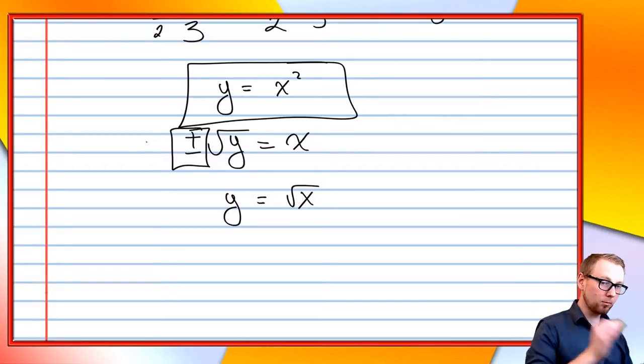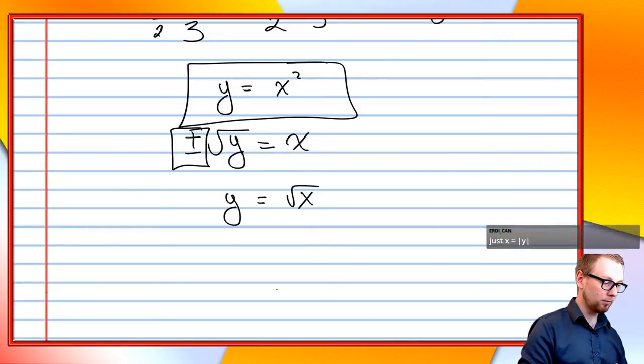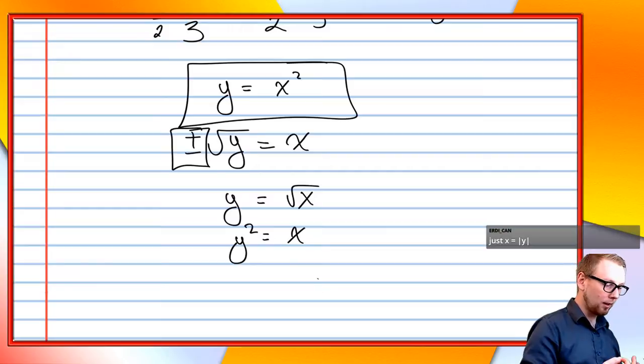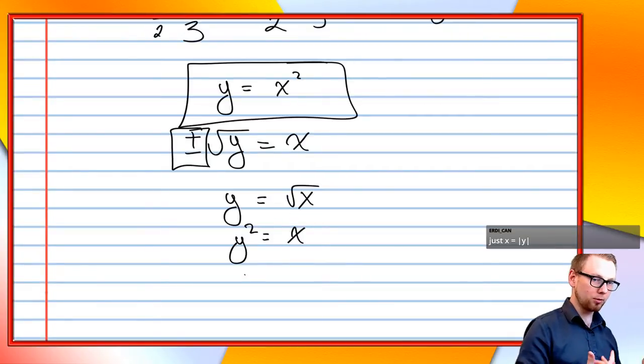If we start with just the positive square root, and then we square it, we would get y squared equals x. You just can't have an additional side because this was only incorporating a positive portion, not a negative.